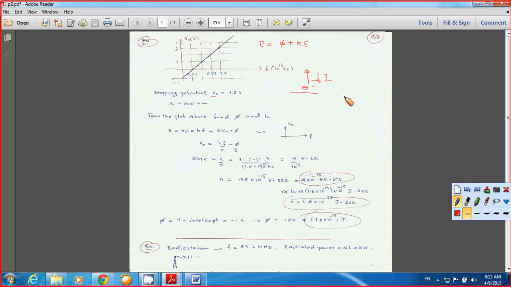So what you need to do is, you don't want the current flowing, so you need to bias with a voltage in the opposite direction. That's why we call V0 the stopping voltage or stopping potential.